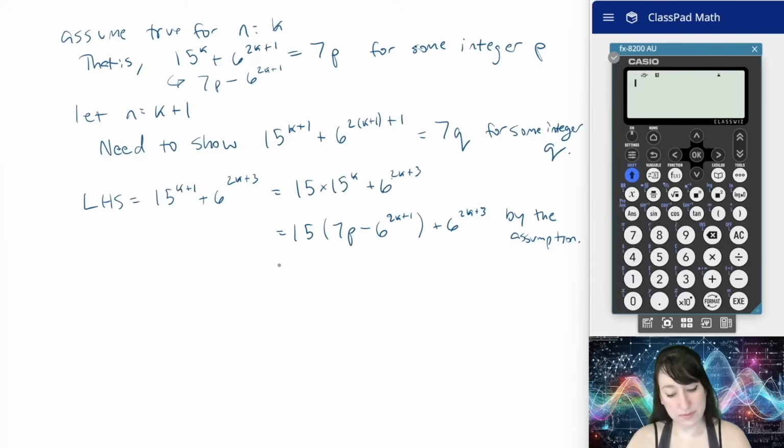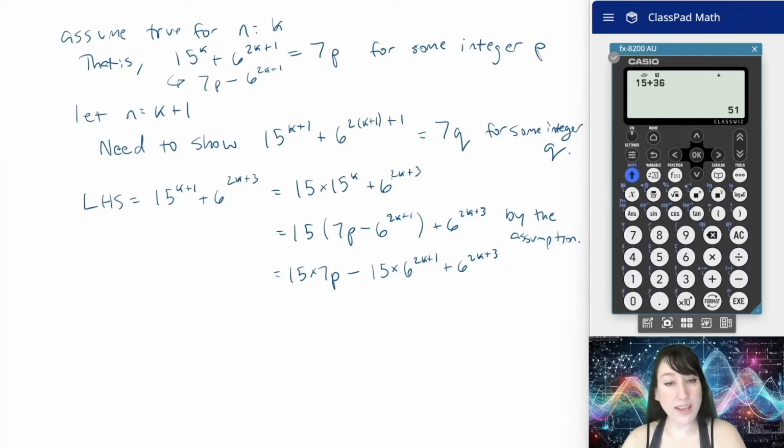Let's expand. I might leave that as 15 times 7 because I am looking for factors of 7. Sometimes the next step is about asking ourselves, what can we do here? Well, we could factorize some number of factors of 6 from the last two terms. When we factorize, we take the lowest exponent out.